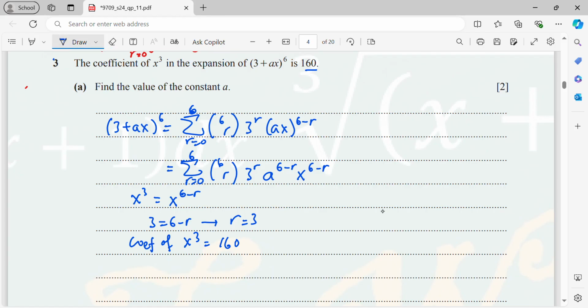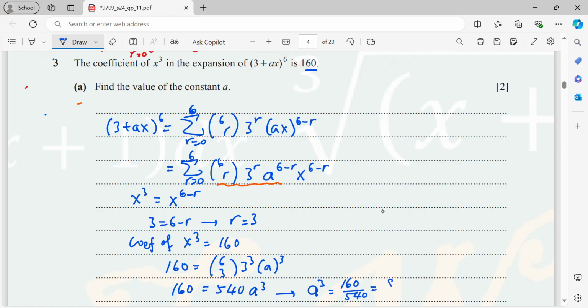That means now I will write 160. The coefficient will be all the rest of the terms, except the x. So here I will get 6C3, 3^3, a to the power 6 minus 3, which is 3. Then you will be getting 160 equals 540 a cubed. Hence, your a cubed is 160 divided by 540.